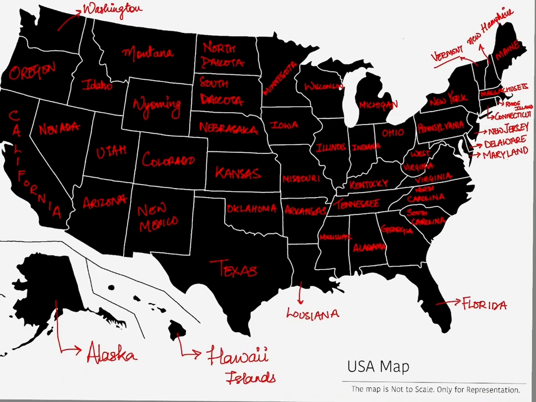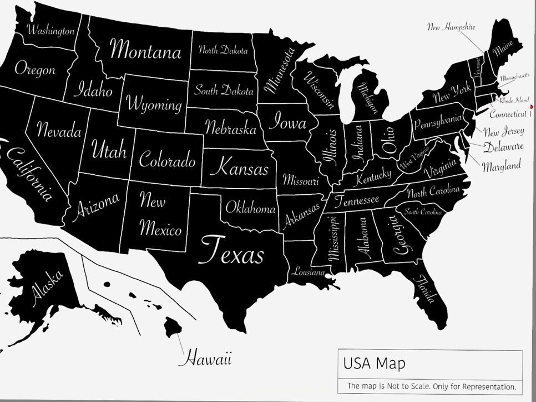Hawaii, and Alaska. So I'm revealing the correct image now, the image with the already marked states. And I hope I can see that we have marked all the states correctly.